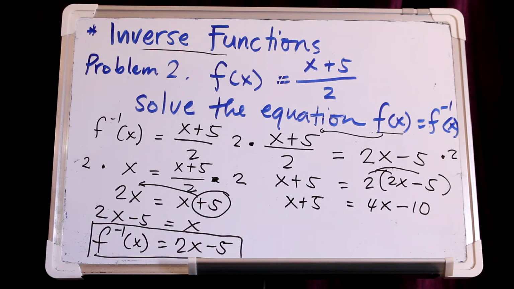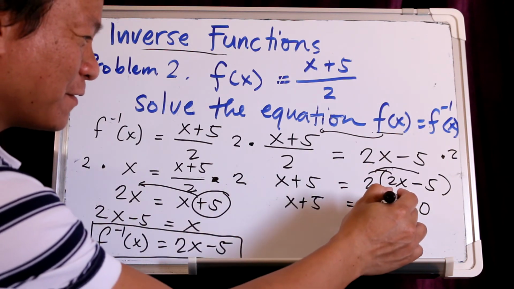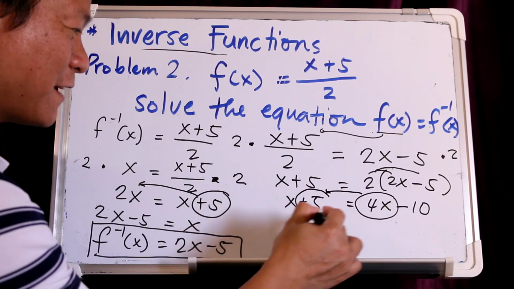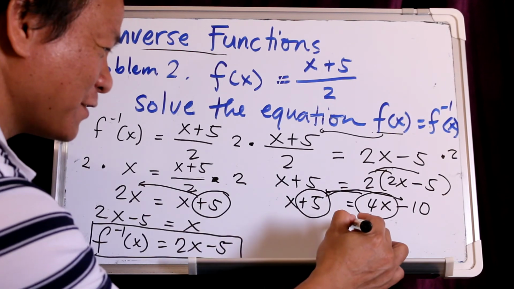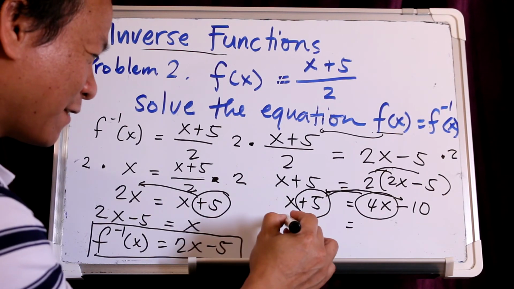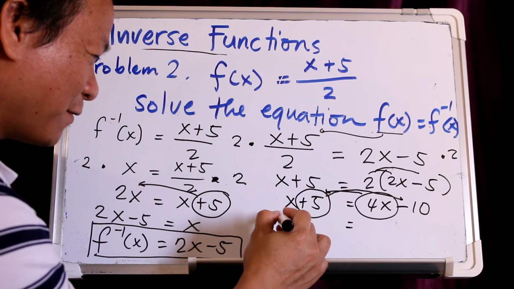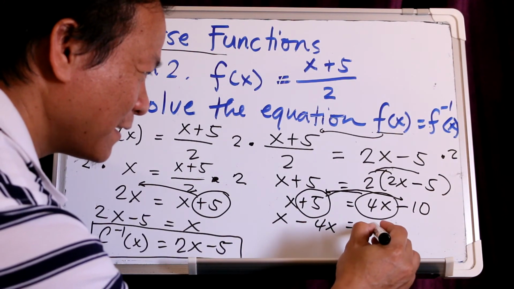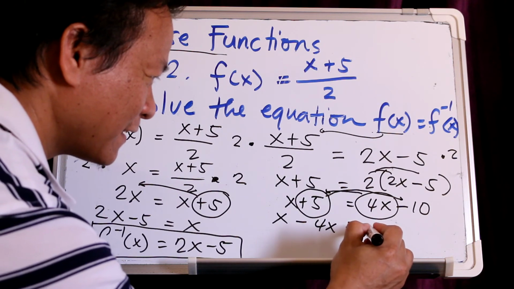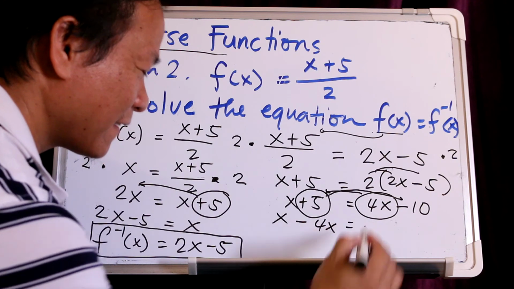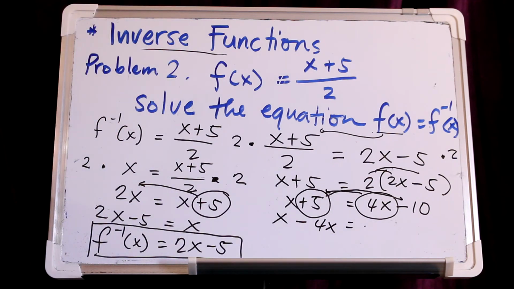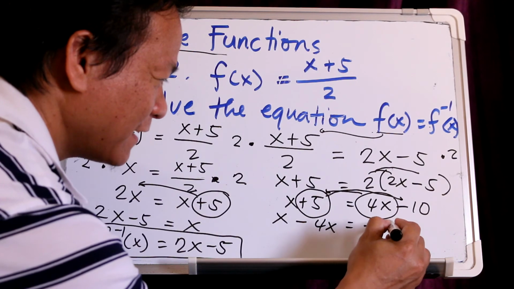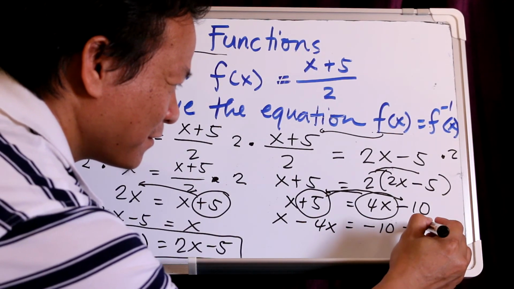So if I'm going to transfer this 4x here and then transfer 5 there, I'll have x minus 4x, then I have 10 minus 5 there.